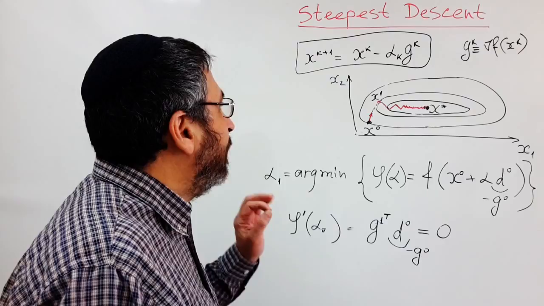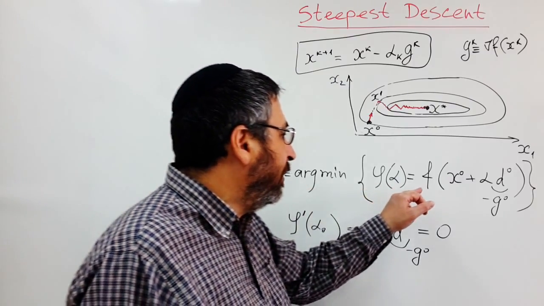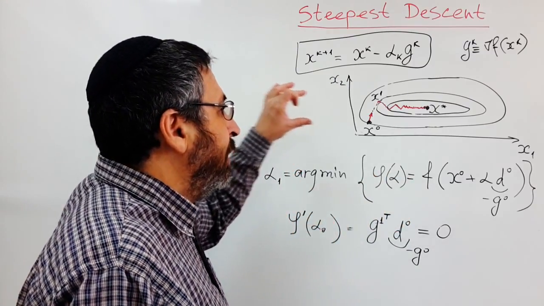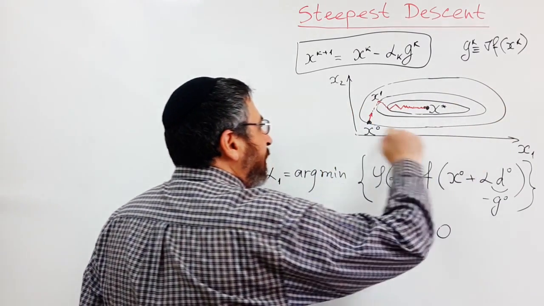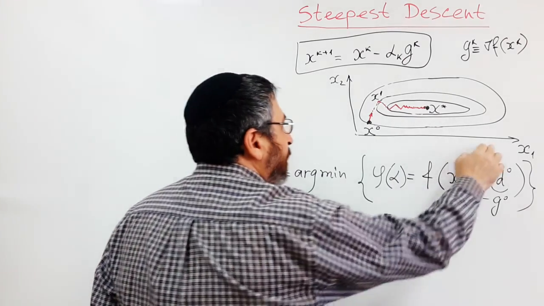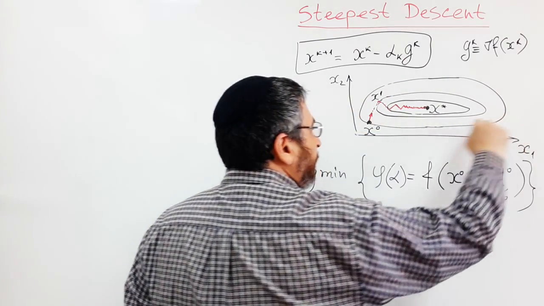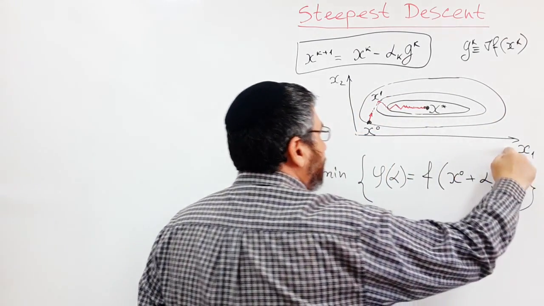Assume that our objective function f has a narrow valley, so its level lines, which are drawn here for a two-dimensional example, are elongated in the direction of x1.